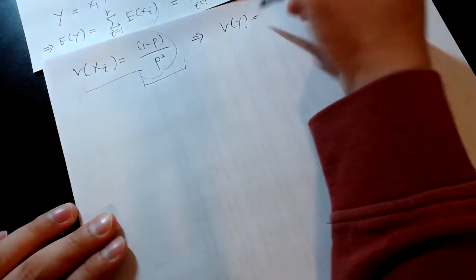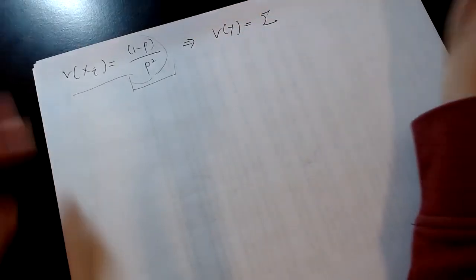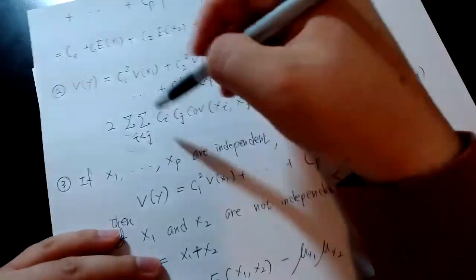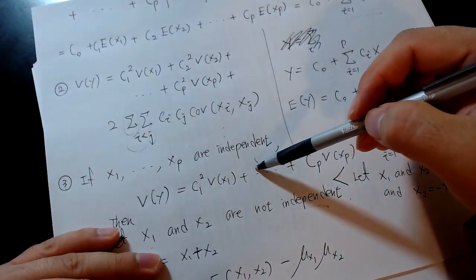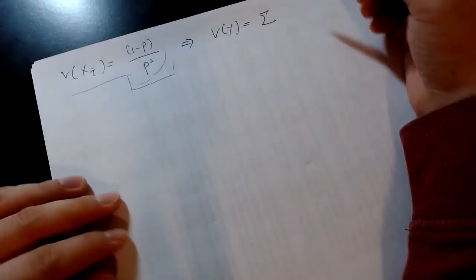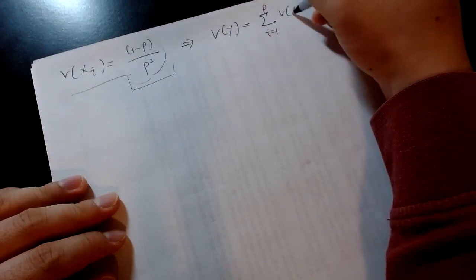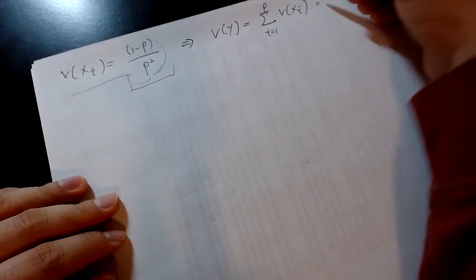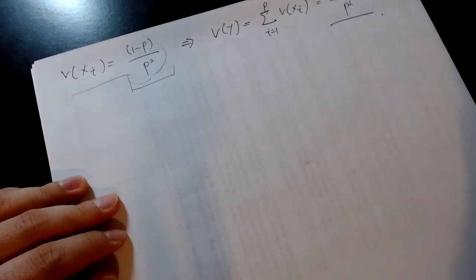Then the variance of Y is going to be the sum. We don't have to figure out the covariance. Why? Because X1 through Xr are independent. So this is equal to the sum from i equals 1 to r of V of Xi, which is r times (1 minus p) over p squared.